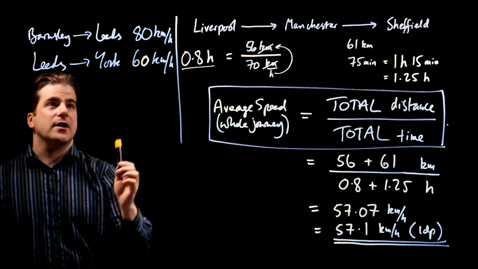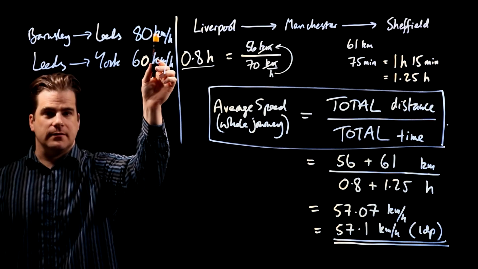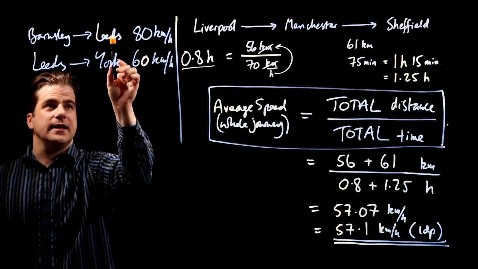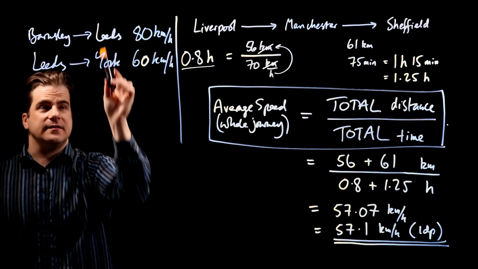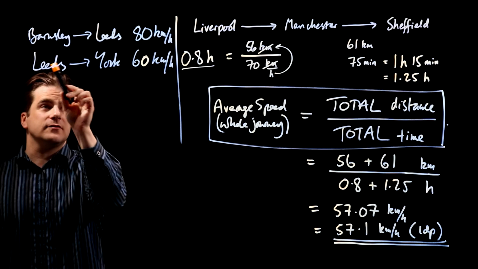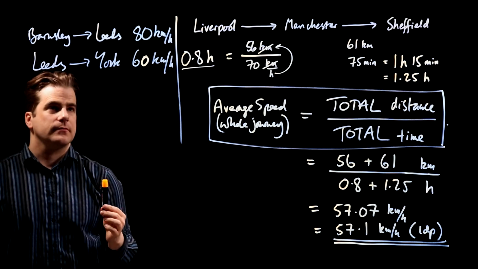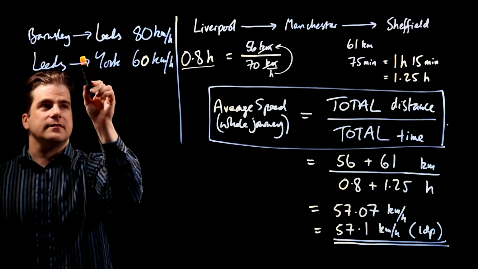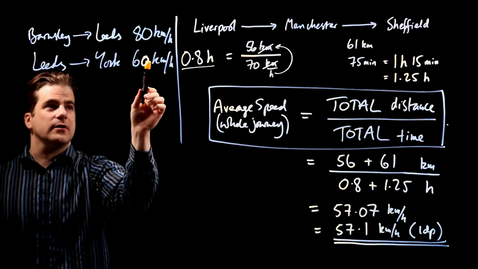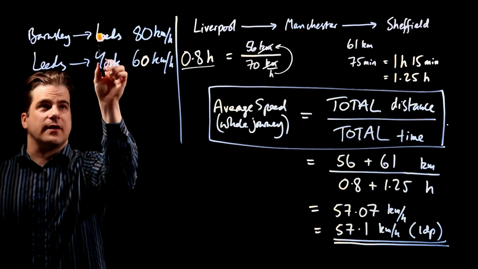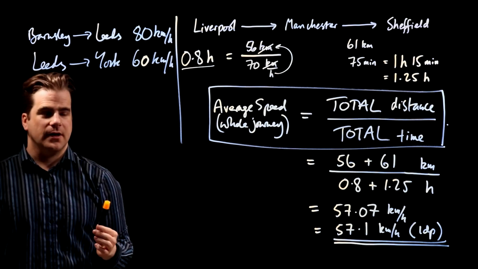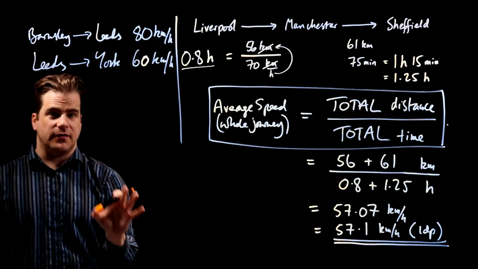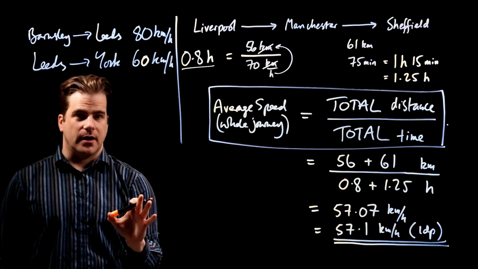And because you're driving faster for the same length of time going from Barnsley to Leeds, the distance from Barnsley to Leeds must be greater than the distance from Leeds to York. Because if you're spending the same amount of time on these two legs and you're going more slowly for this one, that distance must be shorter than that one. So write that explanation for your answer. It's only a 1-mark question to finish this question off, and that will get you the marks.